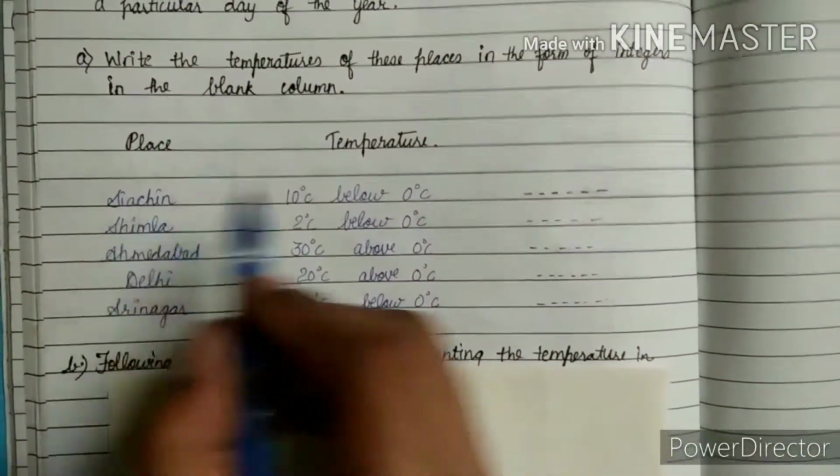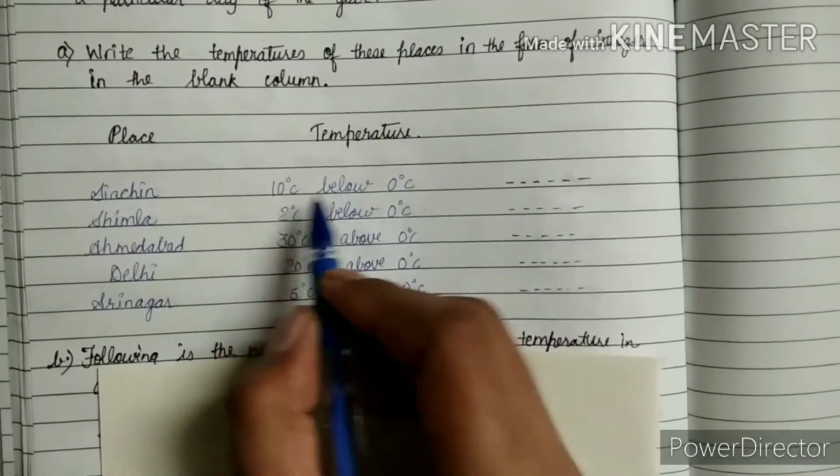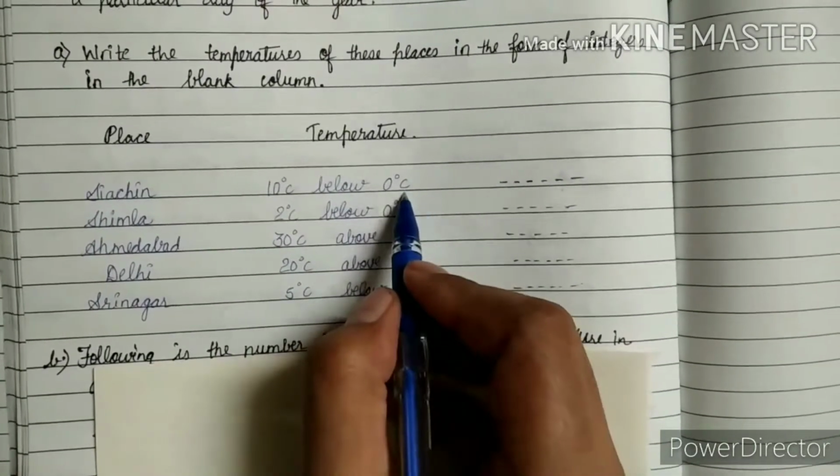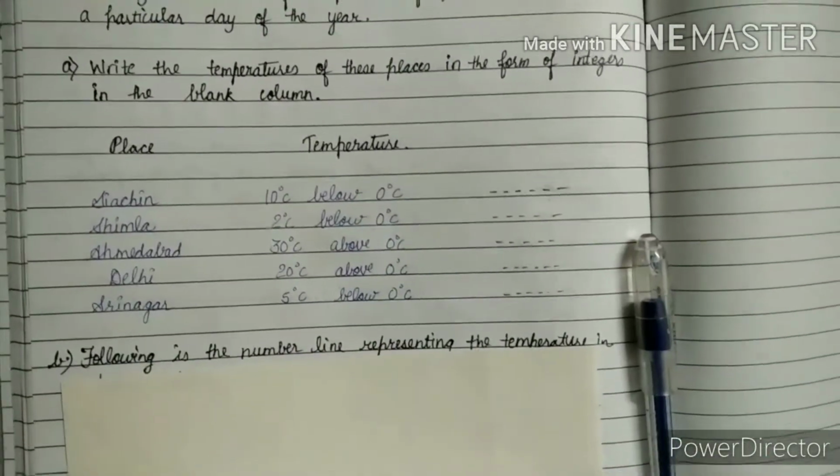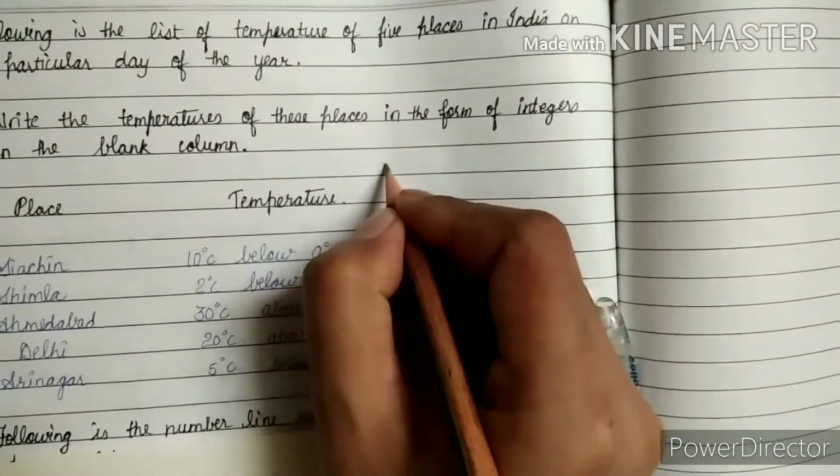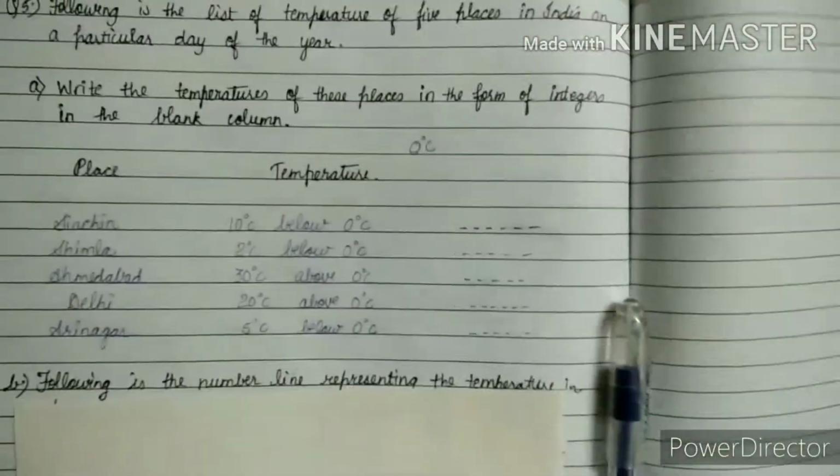Siachen has a temperature of 10 degrees Celsius below 0 degrees Celsius. So firstly I am making 0 here. Have you seen 0? 0 degrees Celsius.